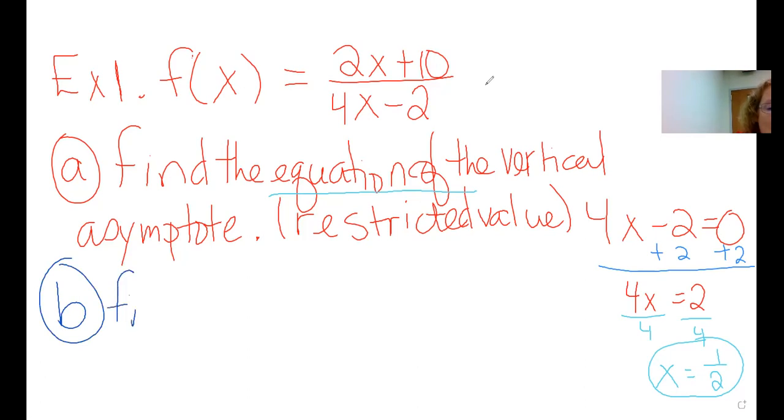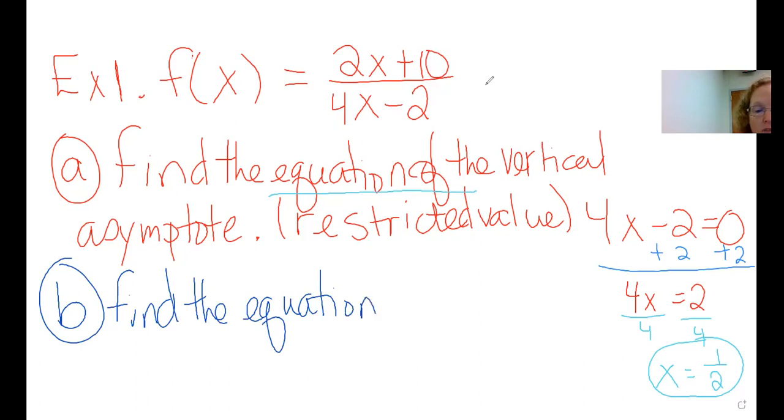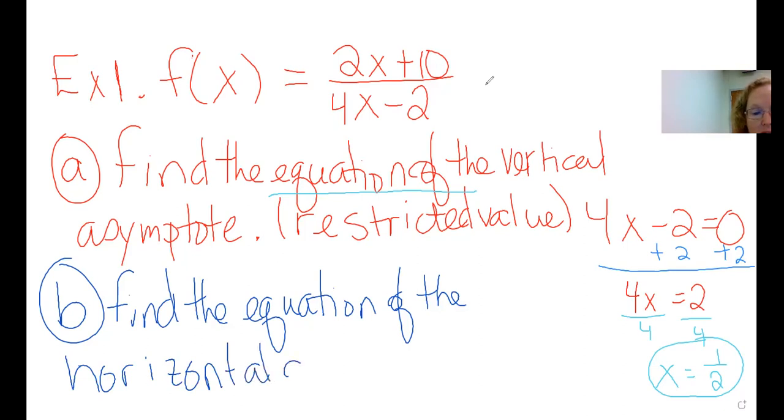Okay. So the new thing really on this part is going to come right here. We are going to need to find the equation of the horizontal asymptote. Now, we did not do anything like this last time, so this is going to be entirely new.